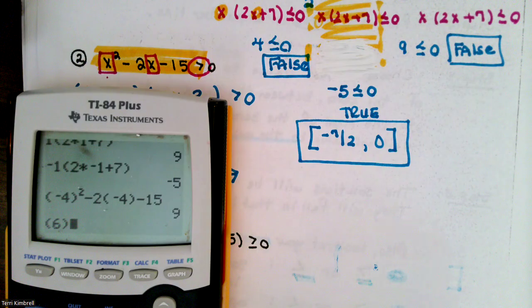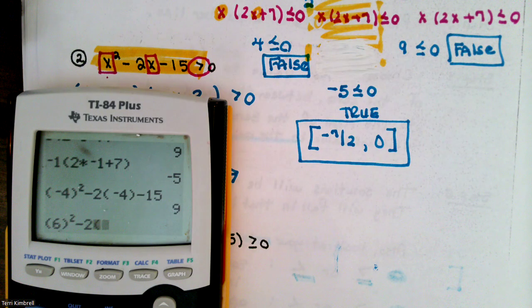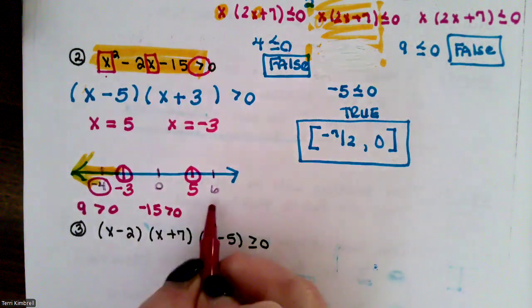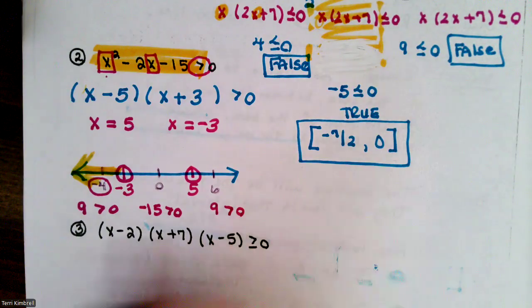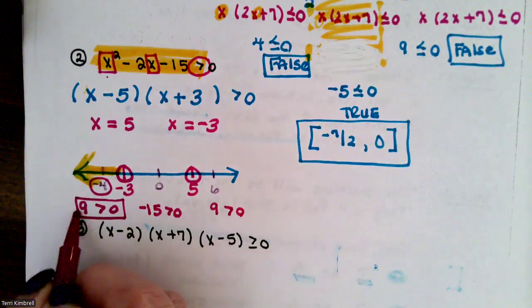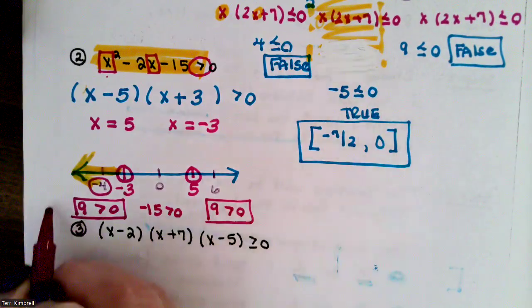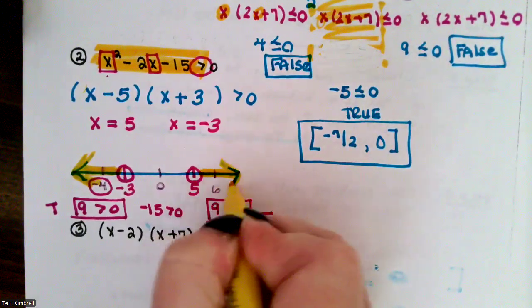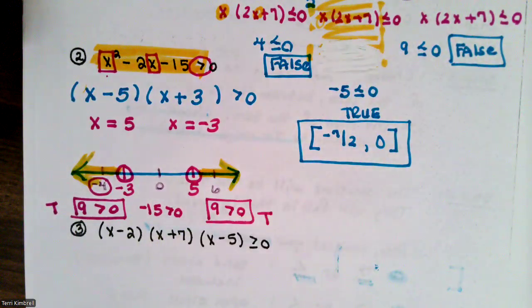So 6 squared minus 2 times 6 minus 15. So that gives me 9 again, and 9 is bigger than 0. So wherever the truths are going to be the solutions. So we're going to shade the right side. So it failed in the middle, but it was true on the left and right side.